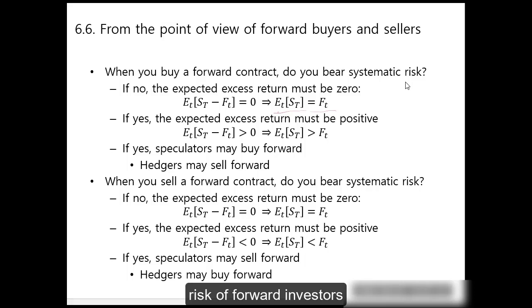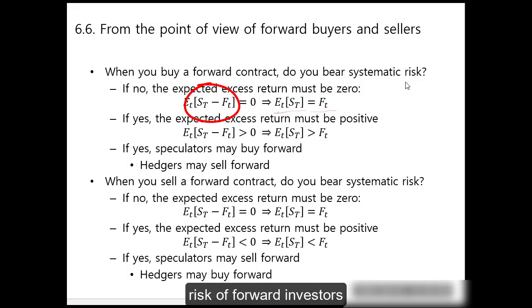Now, if there is no risk, if you can ignore the risk, either because you don't care about risk or people don't care about risk or because there's really no risk, then our previous discussion suggests that the expected spot price in the future should be identical to the current forward price. And if we move the current price to the left-hand side, what this says is this is the difference between the spot price at expiration minus the current forward price.